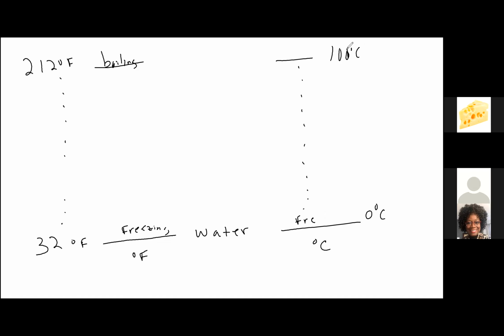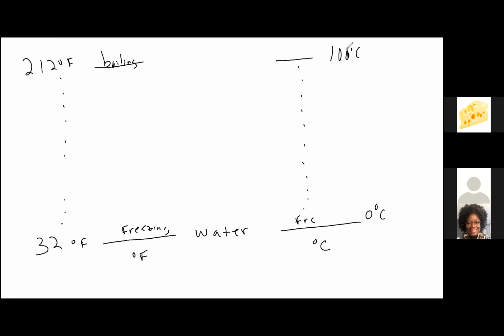In other words, we have to be able to think now about temperatures on the Celsius scale. So we have to be able to convert between Celsius and Fahrenheit, because most of us think of temperatures on the Fahrenheit scale, but now we have to also be able to convert in our minds to the SI unit.